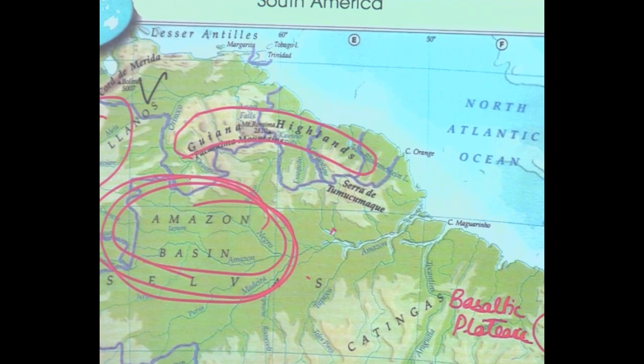If you are talking about Guiana Highland, you can easily take that it is extensive in Venezuela, in French Guiana, and in Guyana. So you need to take the demarcation of them.